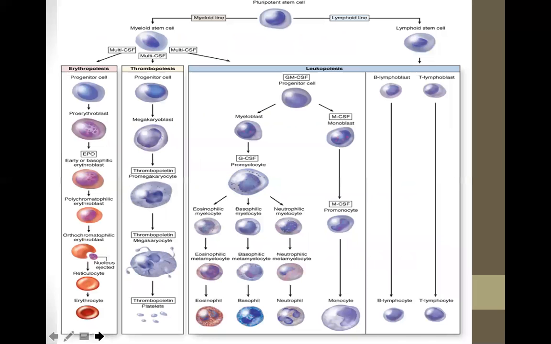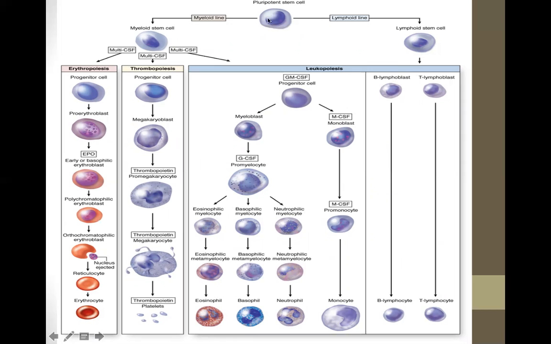Check out this picture. So, this is your hemocytoblast. Wait lang. Yan. So, meron siyang two lines, myeloid line and lymphoid line. Actually, class, ito palang diagram na to, tapos na ang lecture natin.